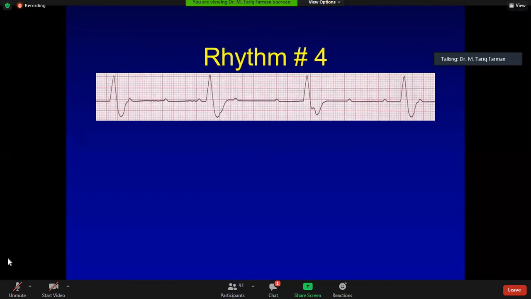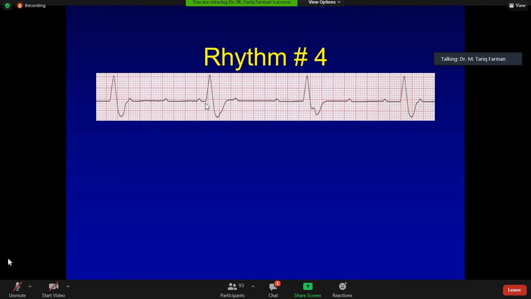Like you can say that it's 2.5 small squares, right? This is one small square, and this is another. So if it is more than 3 small squares, it's obviously abnormal. The QRS complex should not be more than 3 small squares.